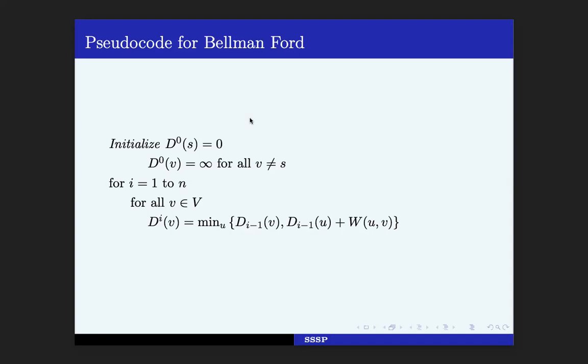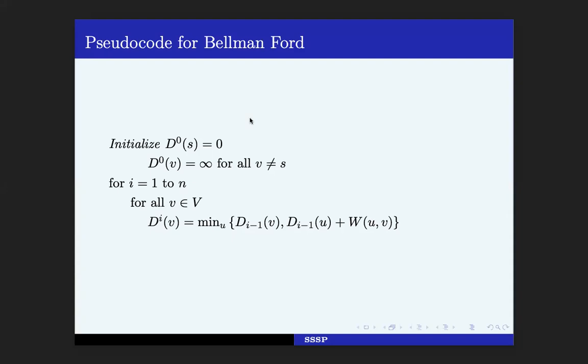You don't even have to loop it more than n times. If a graph has a negative cycle, it might very well end up producing complete garbage. One thing you can think about is using this particular algorithm to find out whether the graph has a negative cycle or not.